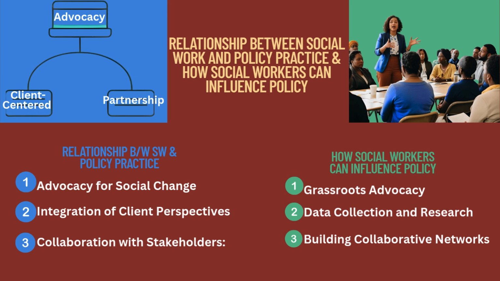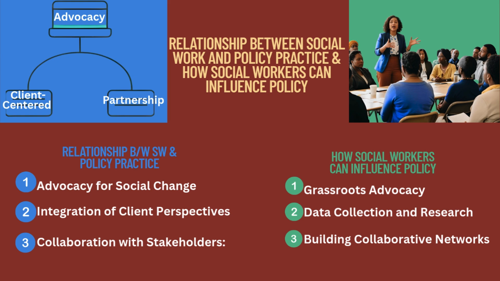There are strategies social workers can utilize to influence policy in rural areas. These include, but are not limited to, grassroots advocacy. Social workers can mobilize community members to engage in grassroots advocacy efforts, raising awareness about local issues and rallying support for policy changes that address the unique needs of rural populations.